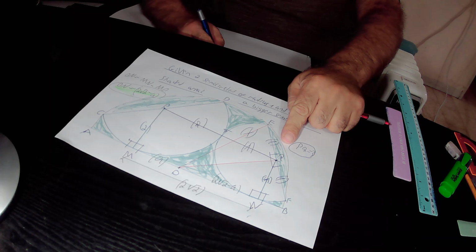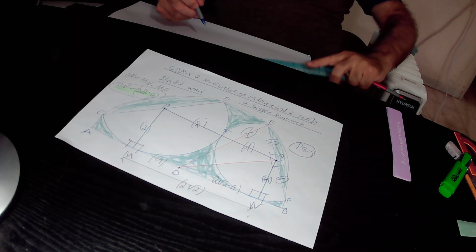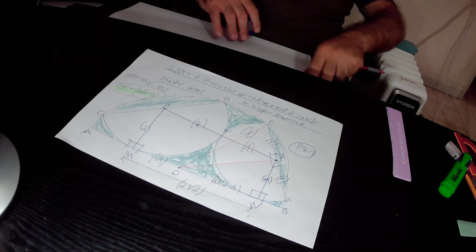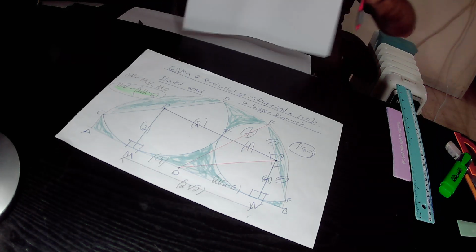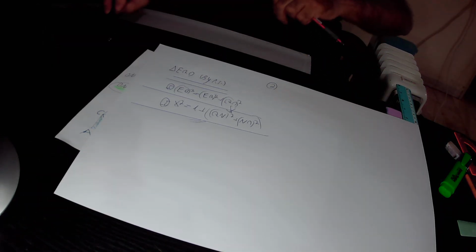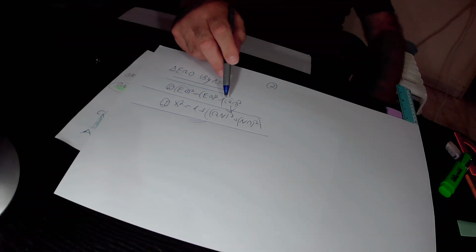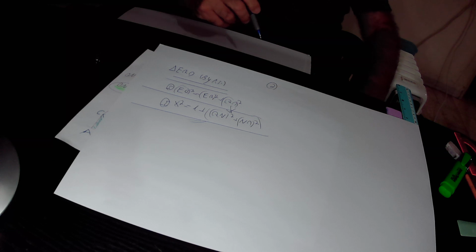So in total, we found out that according to equation 1, x squared equals 1 plus QN squared plus NO squared.